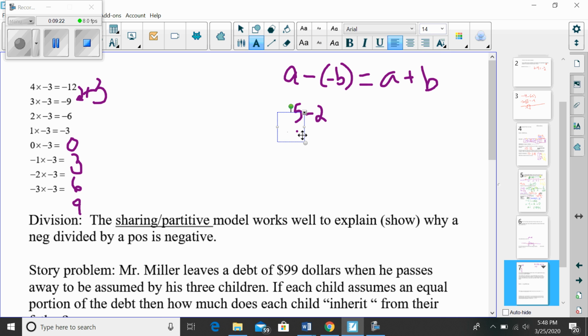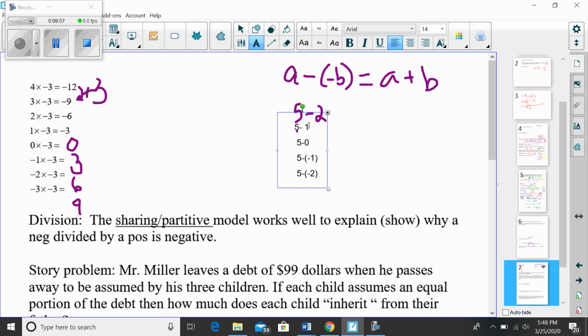So right here, we're going to have 5 minus 1, and then 5 minus 0, 5 minus -1, 5 minus -2.